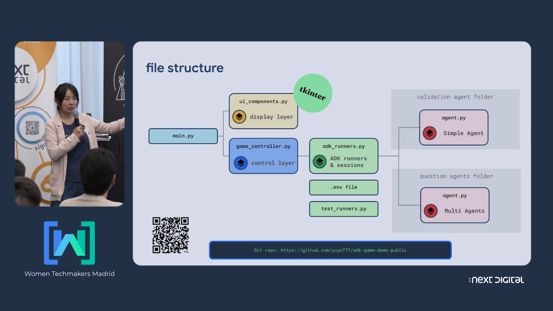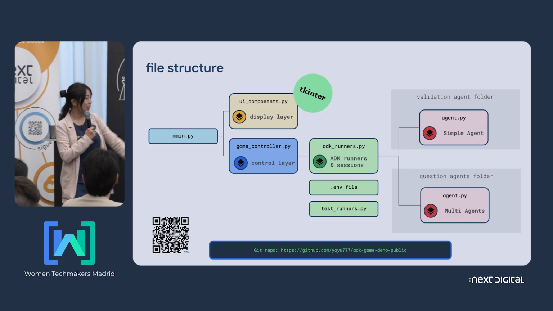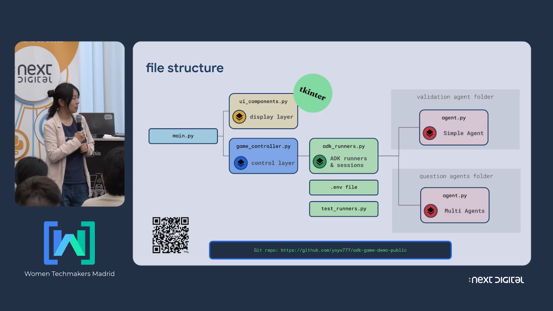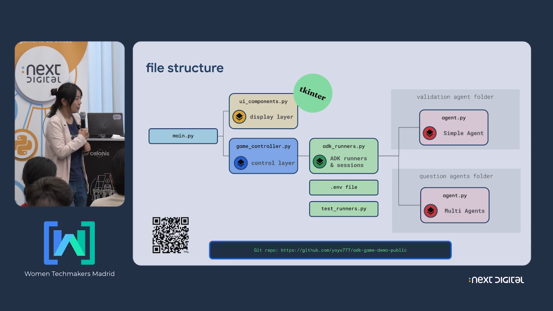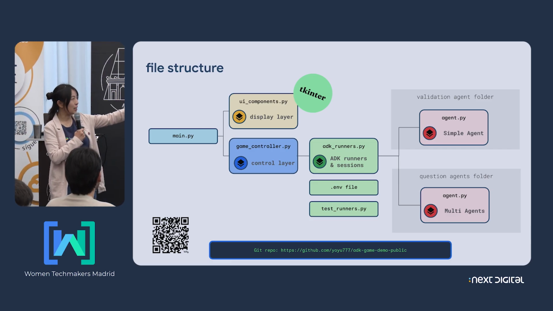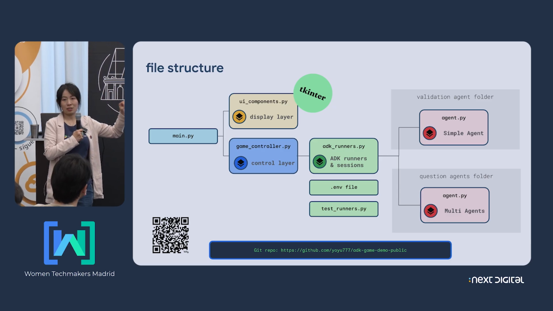Everything on the right-hand side is quite specific to ADK. We have the ADK runners and sessions, and then a simple agent to do the validation that I just explained.